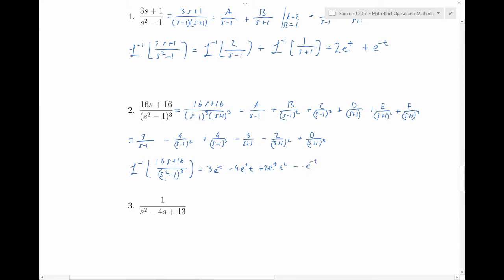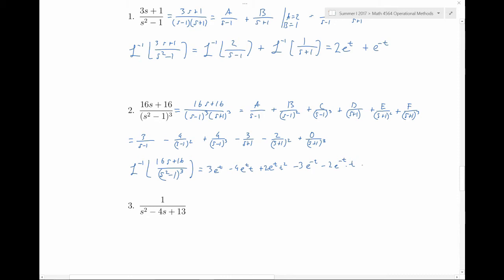And the first term is simply just minus 3e to the minus t. The second term is going to be minus 2e to the minus t times t. And the third term is just 0.